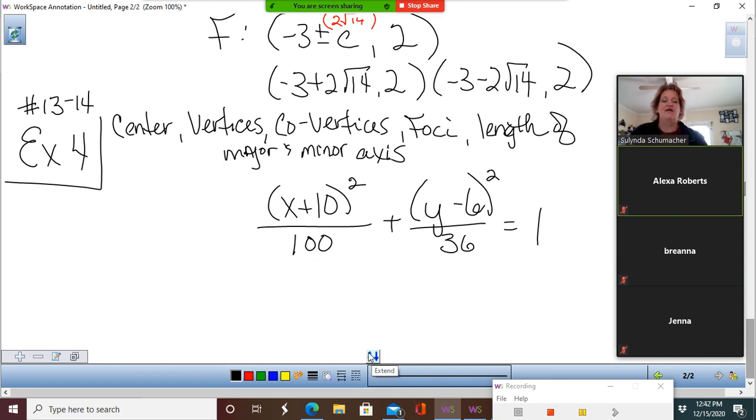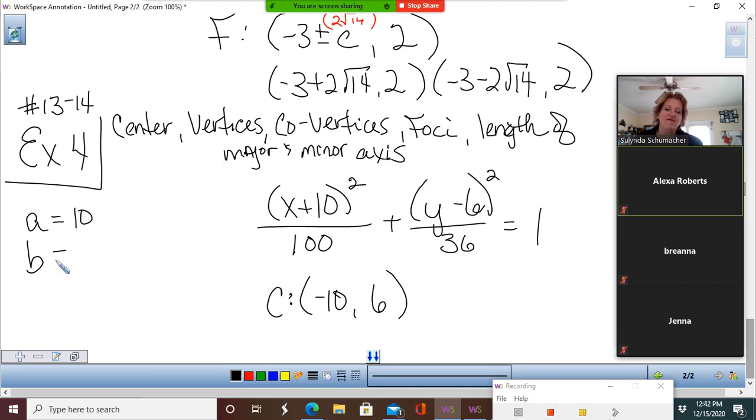We know what our center is, so I'm going to put my center right here. My center is at (−10, 6). My A value is the square root of the bigger number, which is 10. My B value is the square root of the smaller number, which is 6.